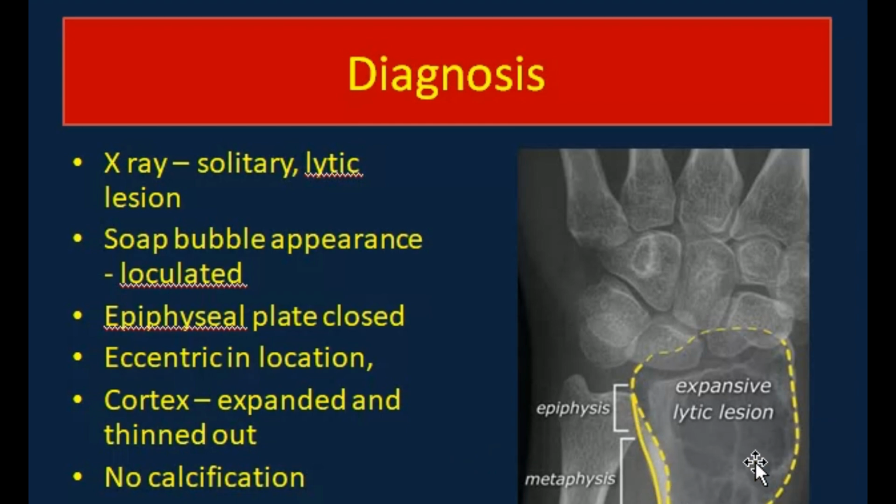The entire cortex will be expanded and it will be thinned out, the margins will be thinned out, and there is no calcification that we see inside this tumor. So these are the diagnostic points in X-ray. It is a solitary lytic lesion, showing a soap bubble appearance. The epiphyseal plate is closed, it is eccentric in location, the cortex will be expanded and thinned out, and there is no calcification which is seen inside the tumor.